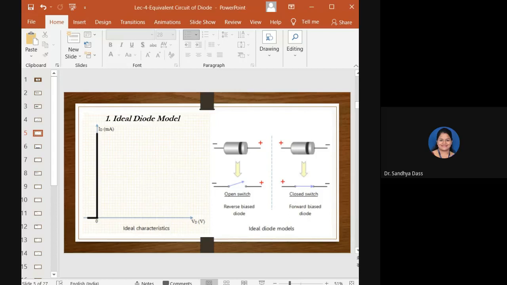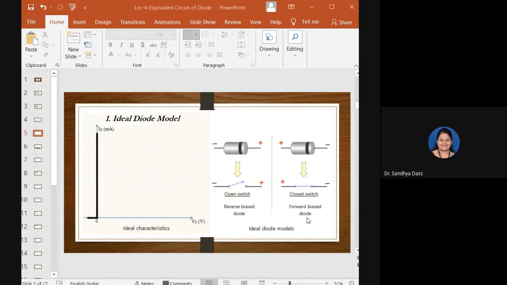Okay, fine. So an ideal diode allows a flow of forward current for any value of forward bias voltage, right? Hence the ideal diode can be modeled as a closed switch under forward bias condition, as you can see here in the figure.